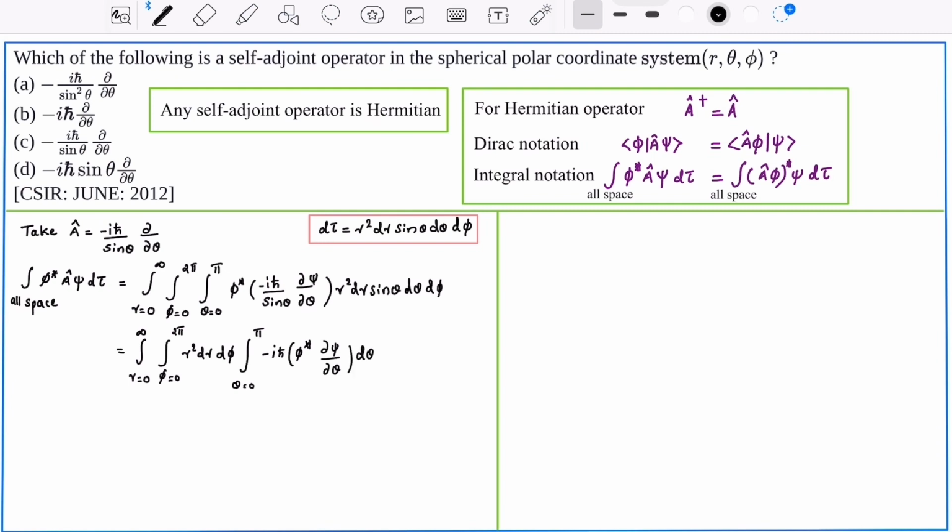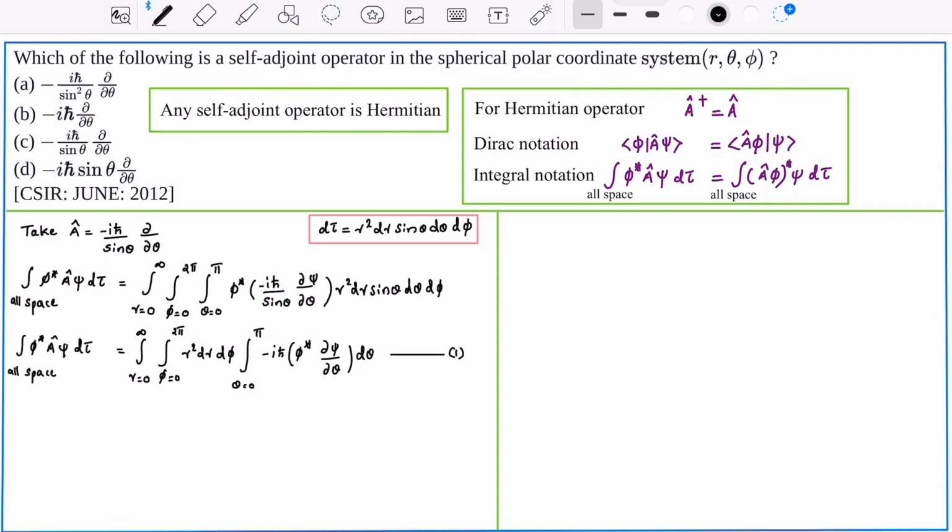This is the integral over all space phi star A psi d tau, where A is taken as minus i h bar by sin theta dou by dou theta. Let it be equation number 1.